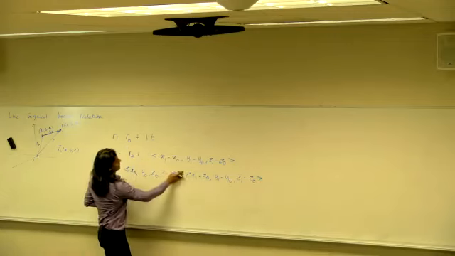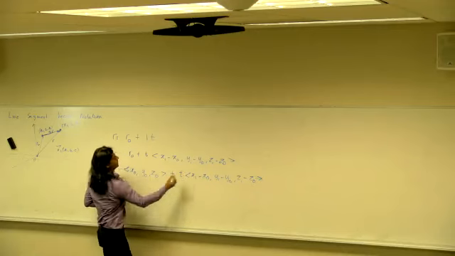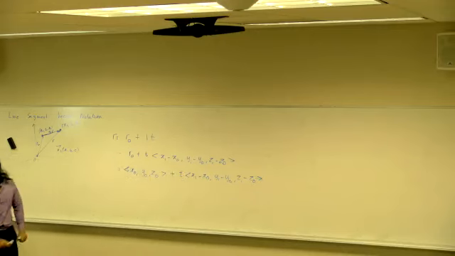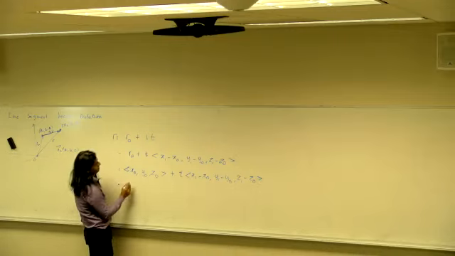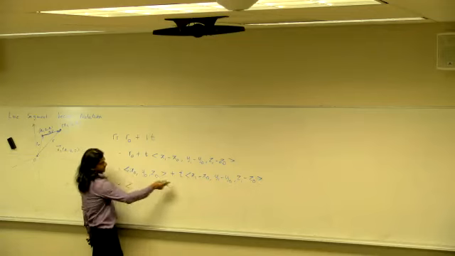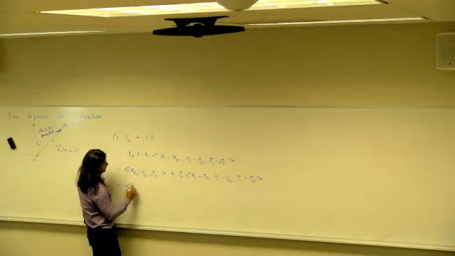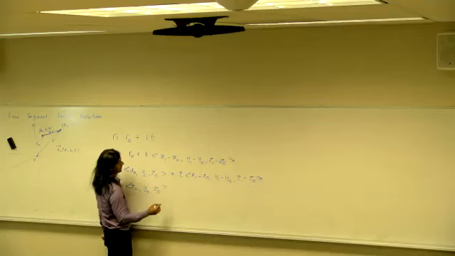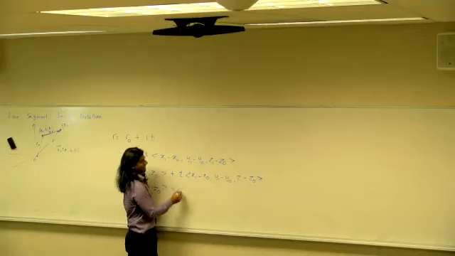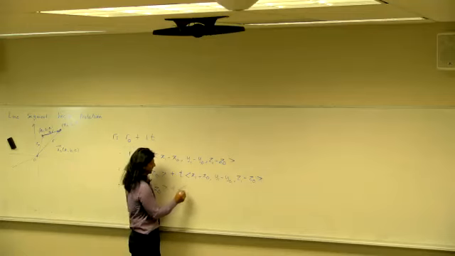Oops. Math, T. Good. Now, if I combine the terms, this would simply be X0, Y0, Z0, distributing T, let me not skip a step.